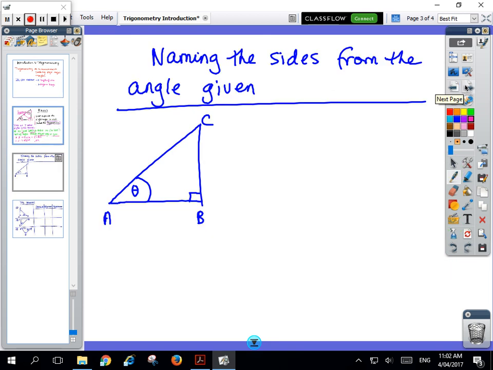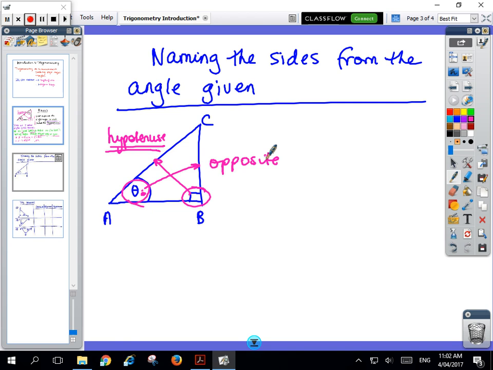Okay, so once we've got a right-angled triangle, as described by the right angle, and we've got one of the angles, first thing we do is we can name the hypotenuse straight away. And the other two sides have names based on where they are in relation to the angle. So this angle here is in the bottom corner, and this side is opposite the angle.